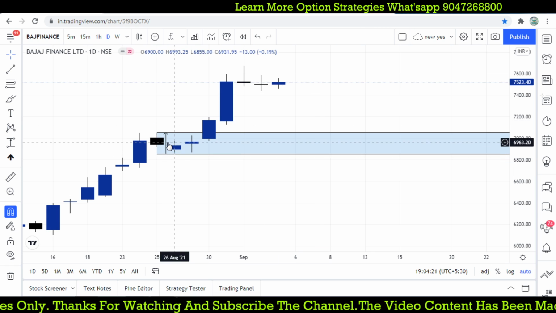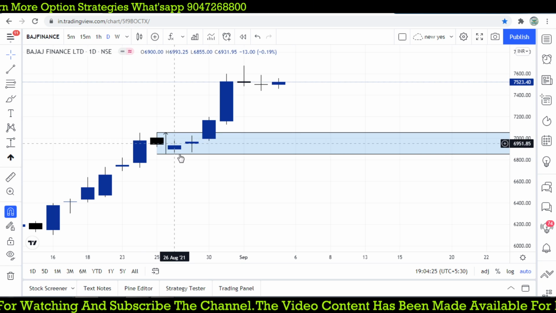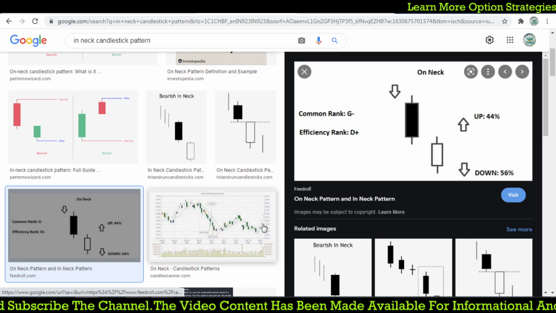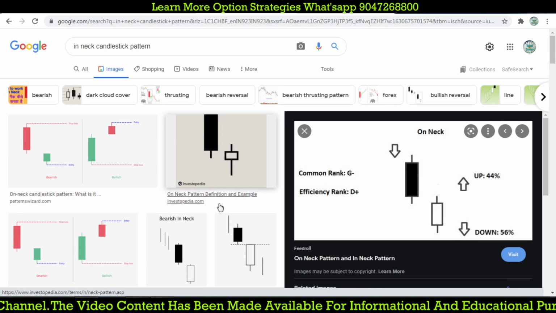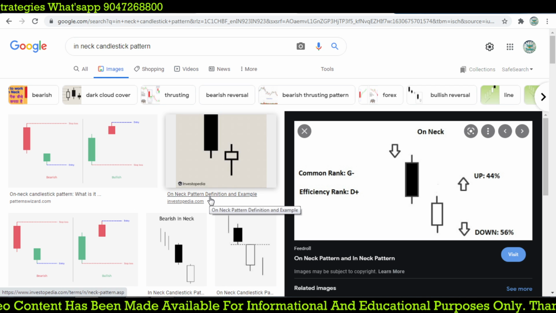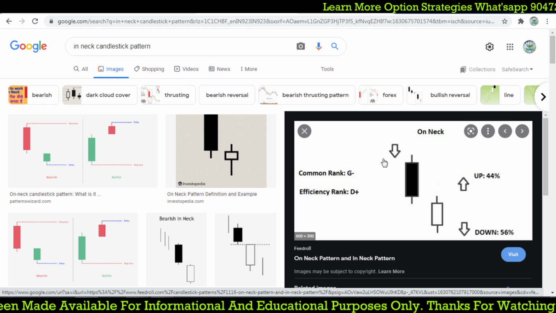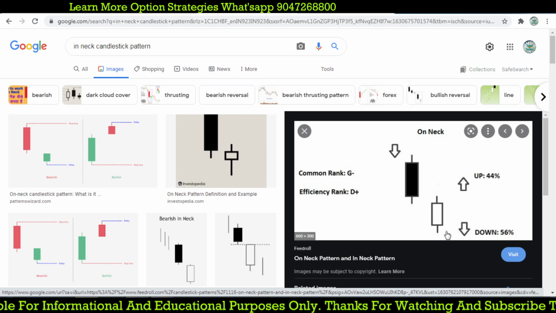So what exactly is this candle? What is the candlestick pattern? This candlestick pattern is called the in neck candlestick pattern. There is on neck and another one is in neck. So this is called the in neck candlestick pattern. The first day should be red, a bearish day, but the next day opens with a gap lower than the previous day.